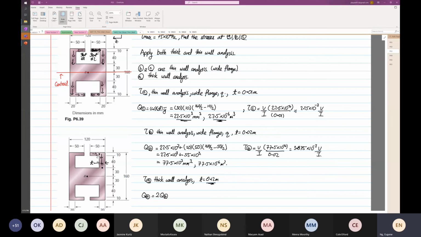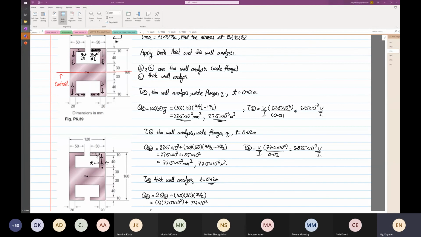Then plus the width is 120, the depth is 30, and the y bar is 30 divided by 2. So twice multiplied by 77.5 times 10 to the power 3 plus 120 times 30 times 30 divided by 2. So it's 54 times 10 to the power 3.